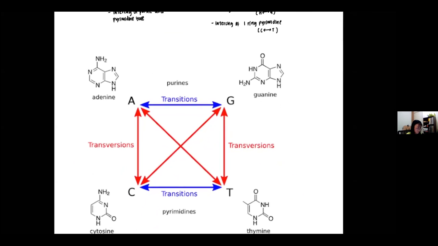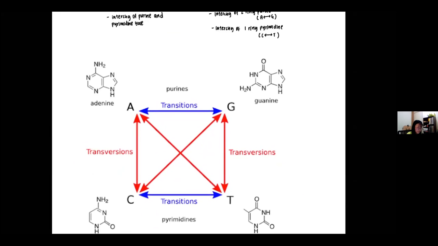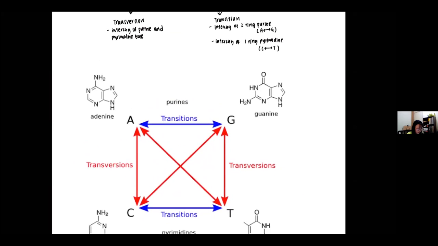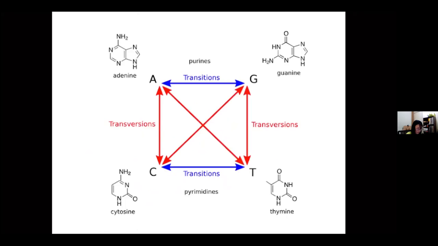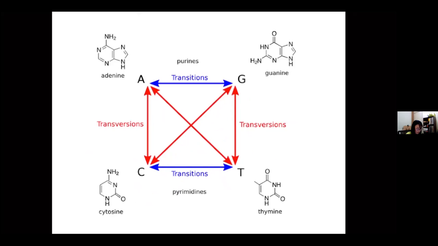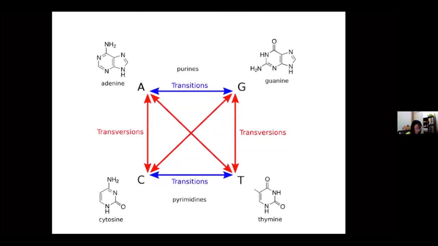As you can see in the picture here, transition is the interchange of the two-ring purines, which is A and G, and the interchange of the one-ring pyrimidines, C and T.